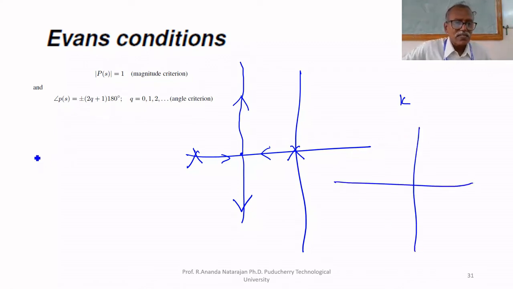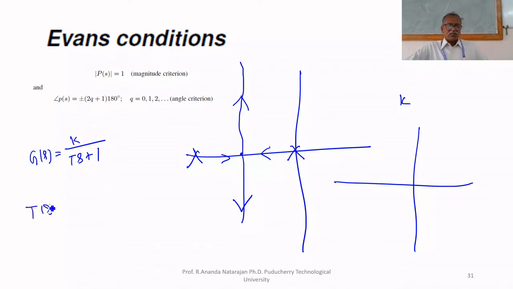What is the root locus for a first order system? What is the first order transfer function? G of S equal to K upon tau S plus 1. What is the closed loop transfer function? T of S equal to K upon tau S plus 1 plus K, so S equal to minus of 1 plus K upon tau.